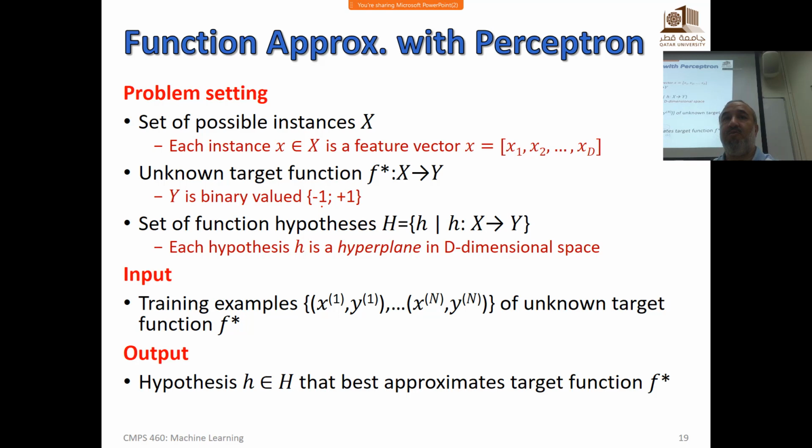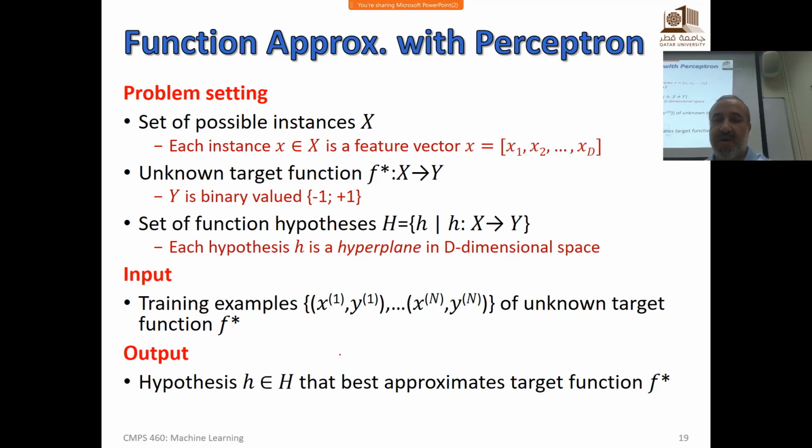In Perceptron, what are the models? Hyperplanes, right? We mentioned that in training we are trying to find the hyperplane that separates the positive from the negative examples. So the space of models is all possible hyperplanes, and each hypothesis in that set is a hyperplane.